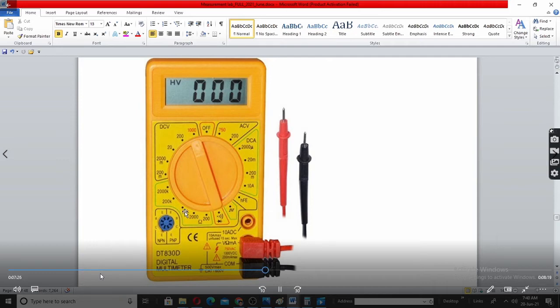Then you have the continuity or diode option here.